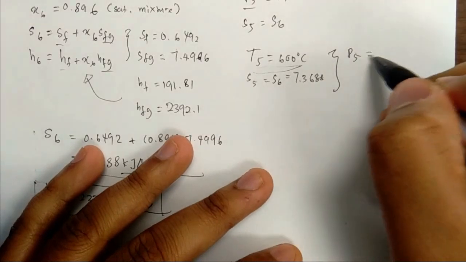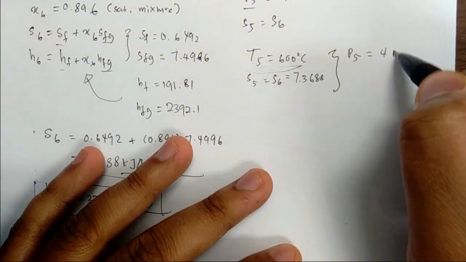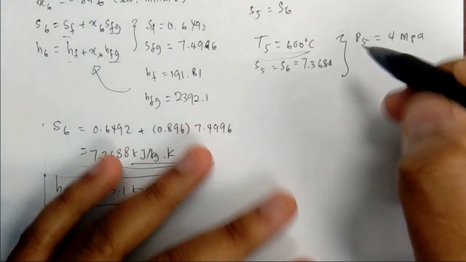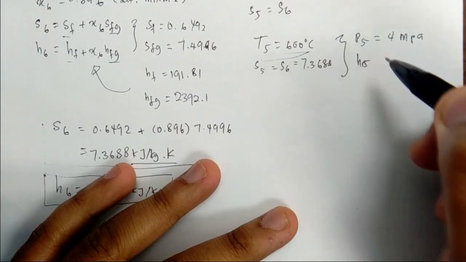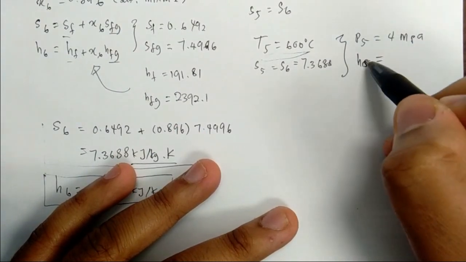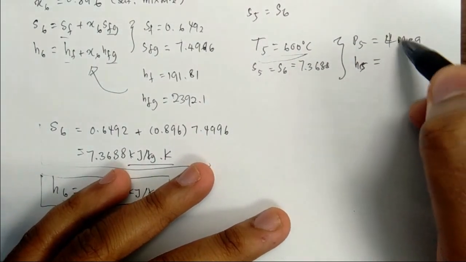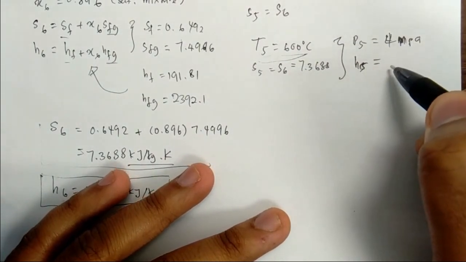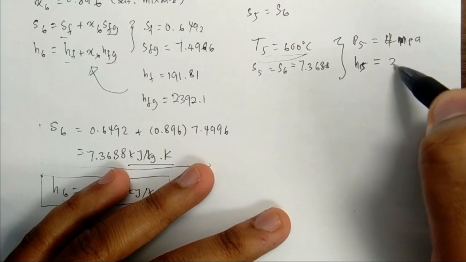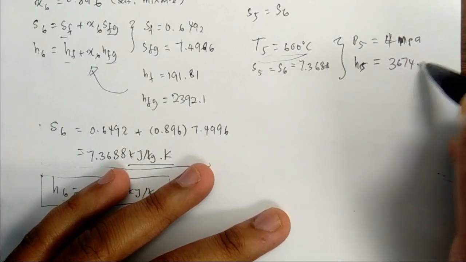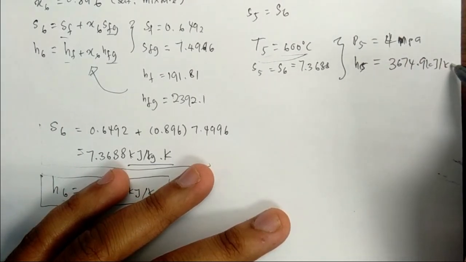So here P5 is equal to 4 megapascal. Okay, and then H5, refer to the table. At 4 megapascal, H5 is equal to 3674.9 kilojoule per kilogram.